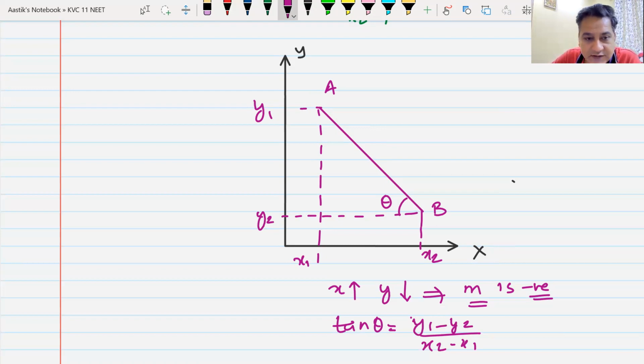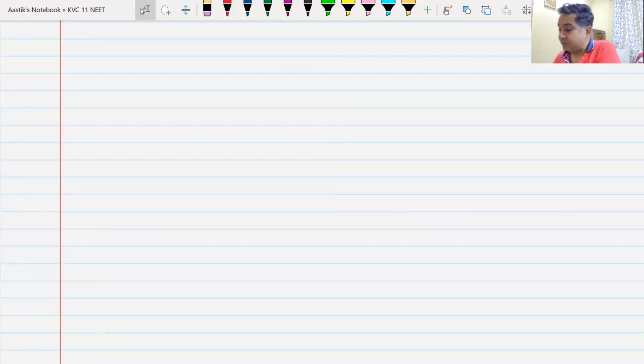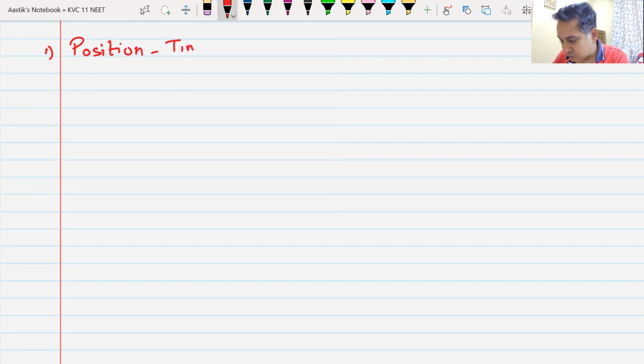And the first graph that we have to understand is known as position time graph. This is the actual name of that graph, position time graph. But some people in some books will call it displacement time graph.